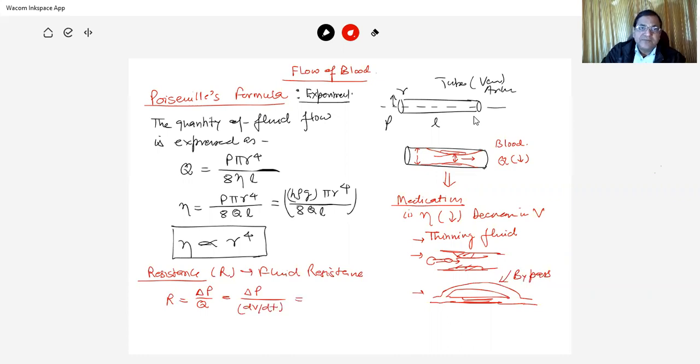And this value is from this equation: it is 8 eta L upon pi R to the power 4. So resistance is proportional to the coefficient of viscosity.